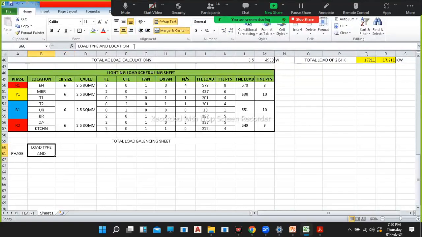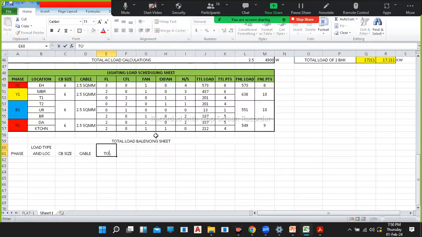Load type and location, I'll write as one. Next is CB size. Okay, next is cable size. After that we require total points.